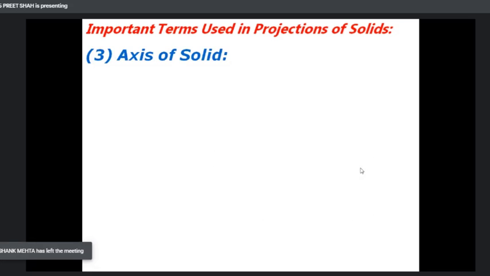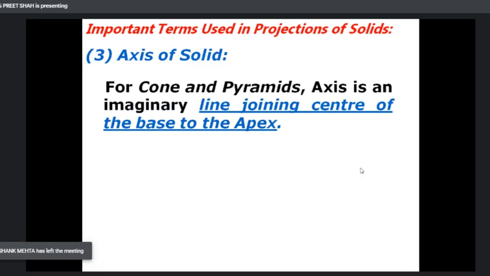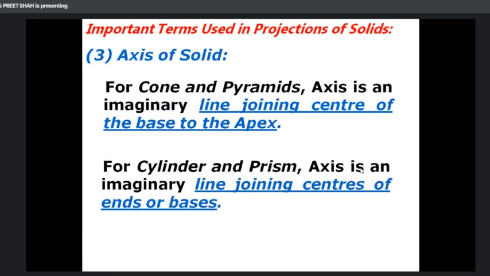Now, axis of a solid. We already discussed this part. In a cone and pyramid, the axis is an imaginary line which joins the center of the base to the apex point. So that imaginary line is called the axis of the solid.